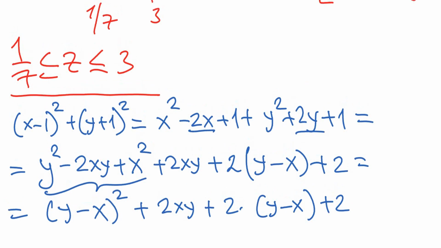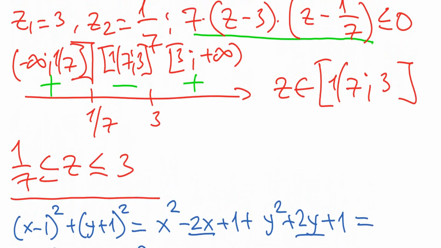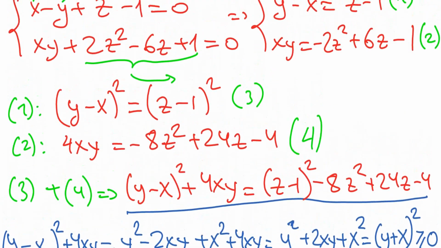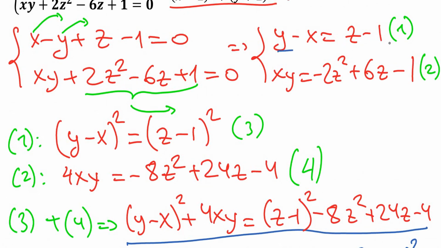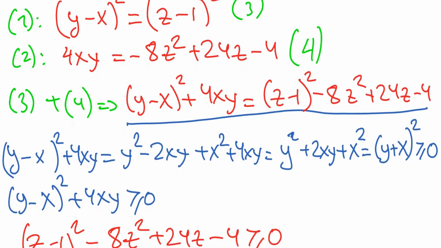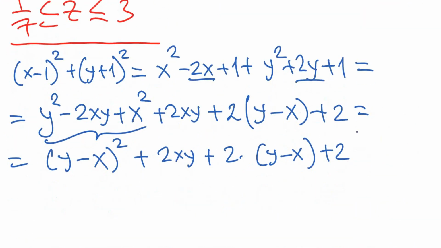xy is equal to, let me show it here. As you remember, y minus x was z minus 1 and xy was minus 2z squared plus 6z minus 1. So therefore, let me plug into these two expressions.